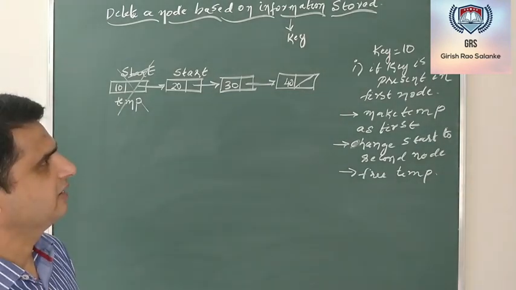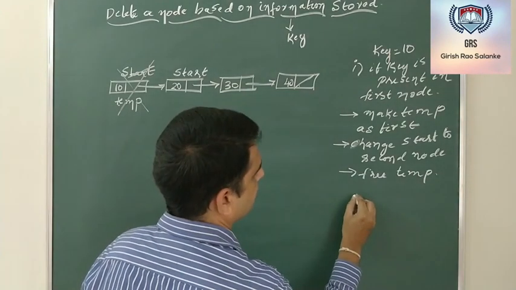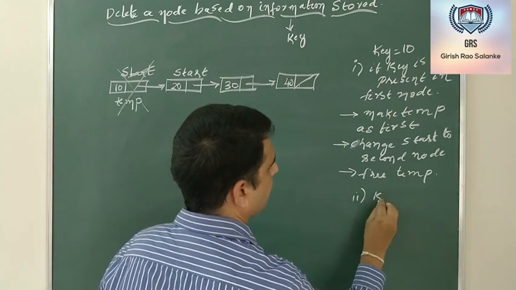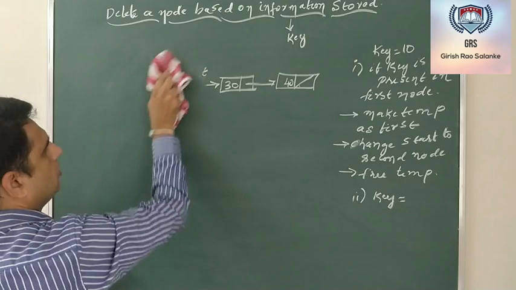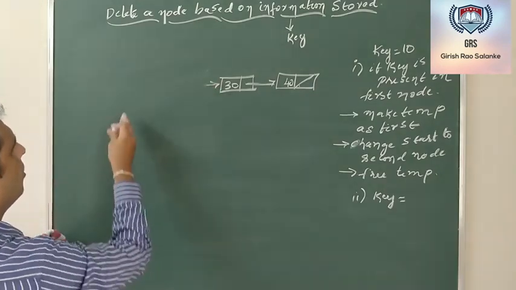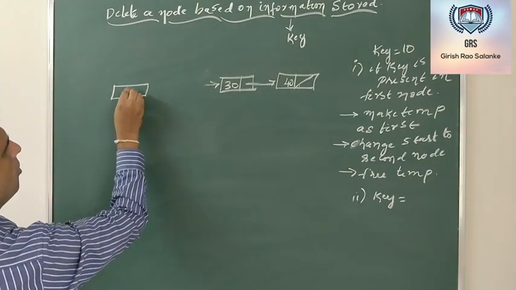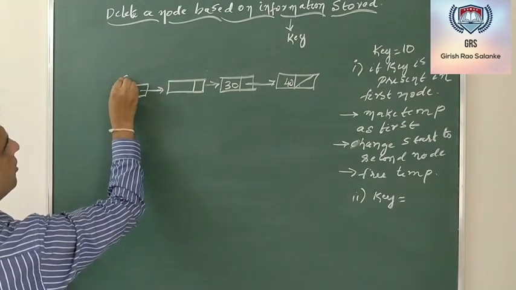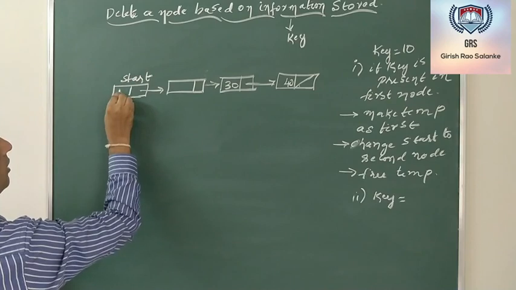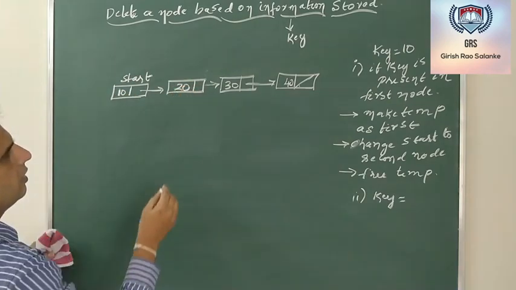Now I'll take the second case, case 2, where my key is not there in the first node. Let me assume that this was my start, 10 is there, and this was 20.